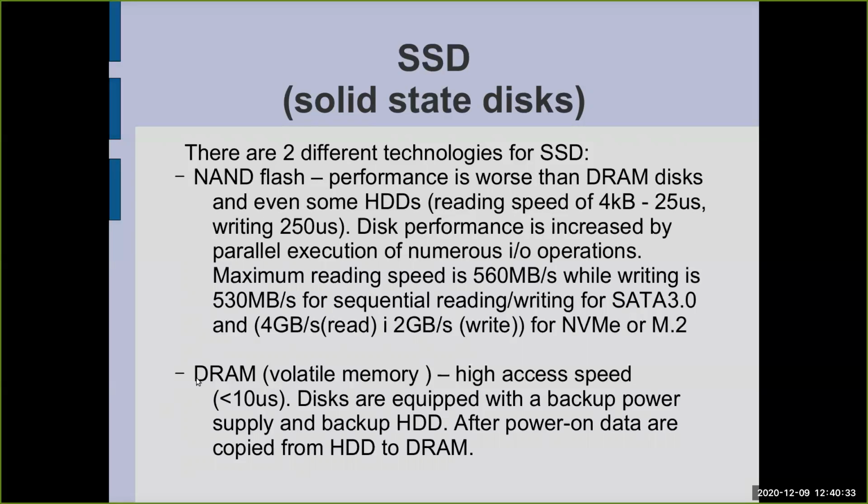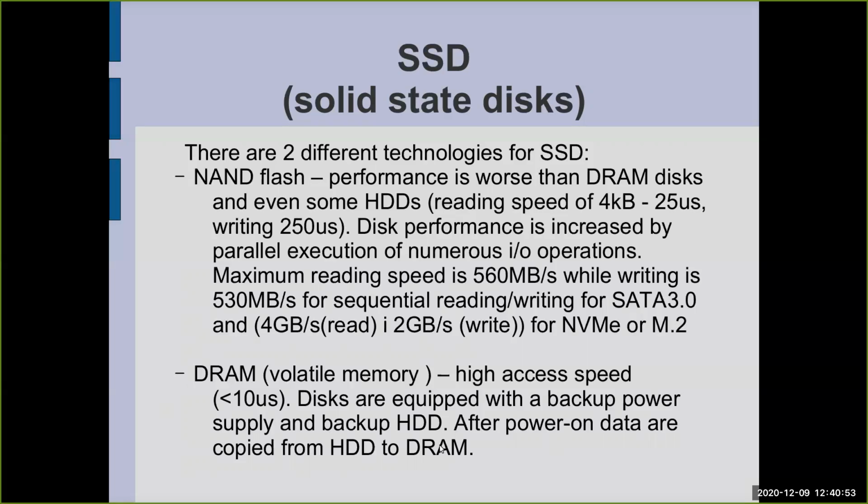So we have DRAM memory, very fast memory, and we have an additional backup. This drive consists of two elements: volatile memory and a hard drive.